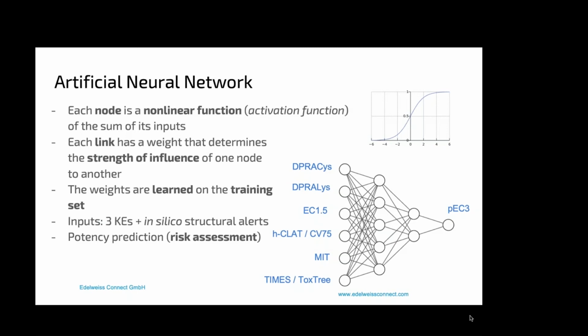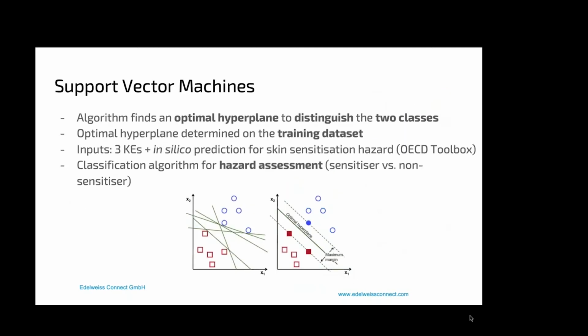The last one is the support vector machine. This is a classification algorithm, and it can distinguish sensitizers and non-sensitizers based on the input features that are provided. It finds the optimal hyperplane. This is just a sketch in 2D, but in reality we have more features and it's difficult to visualize.